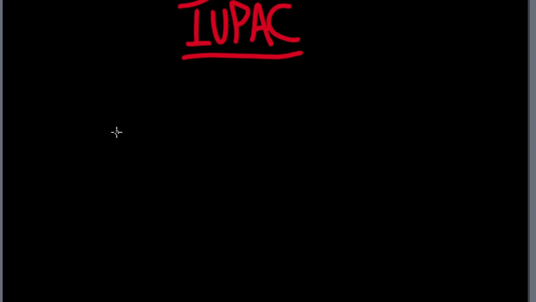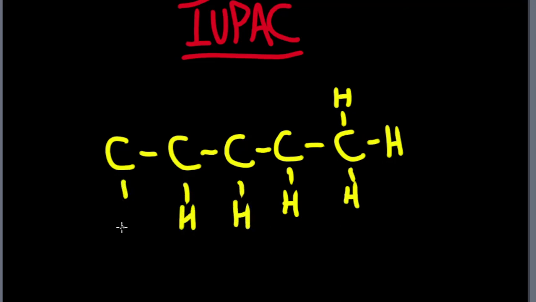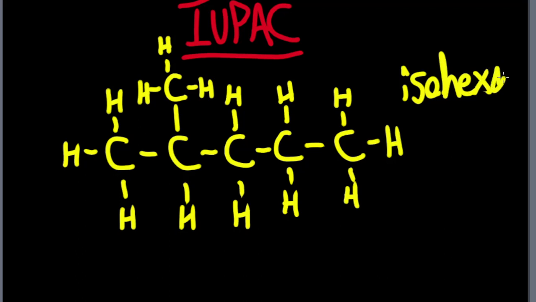So, let me draw this. So, if what we drew earlier was isobutane because it had 4 carbons, but it was branched, then we could call this isohexane because it has 6 carbons, but it's branched.